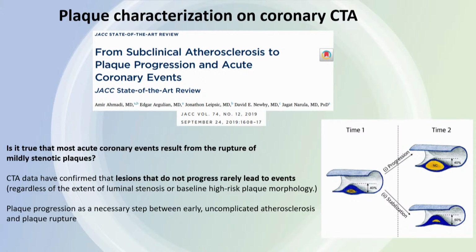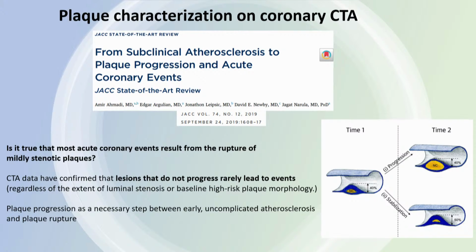Narula, and this really challenges the traditional wisdom that we've all been taught, that most acute coronary events result from rupture of plaques that are minimally stenotic. Is that really true? Because the CT data suggests that lesions that do not progress rarely lead to events, regardless of the extent of luminal stenosis or the baseline high-risk plaque morphology.